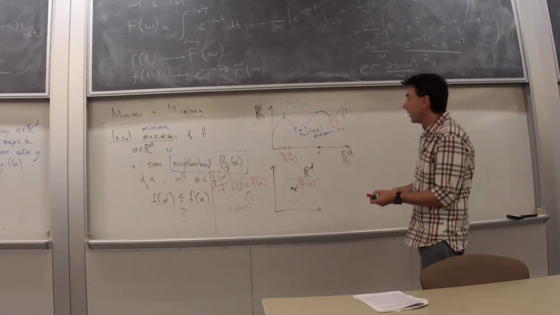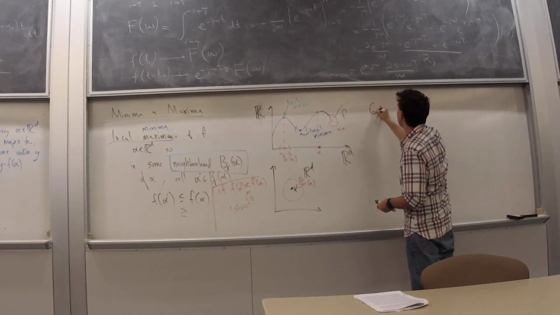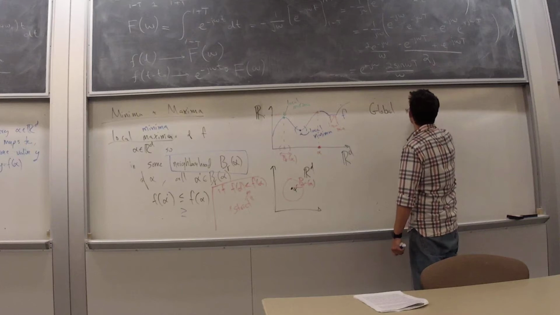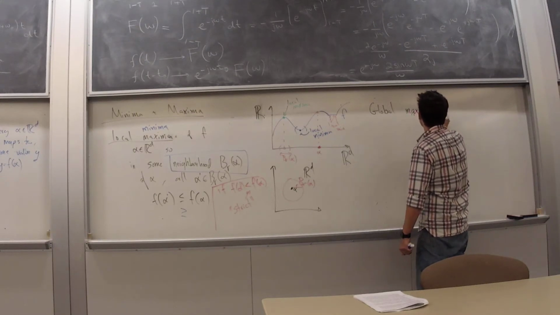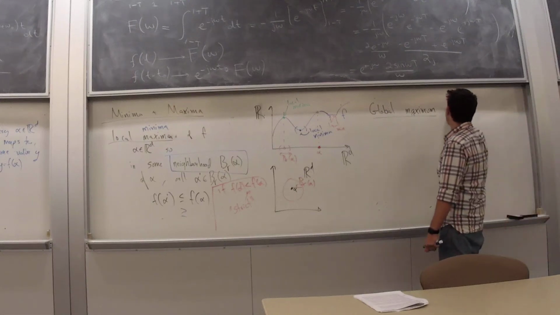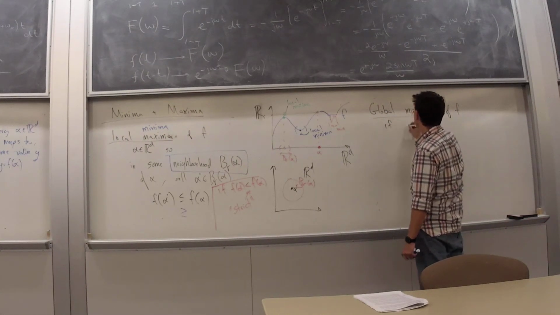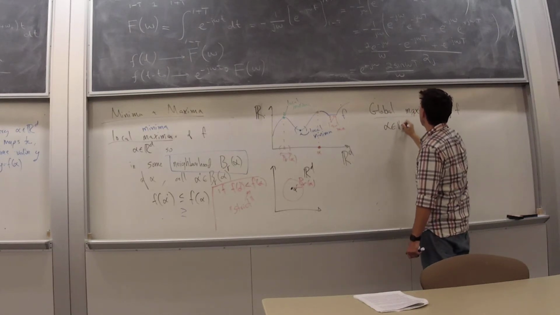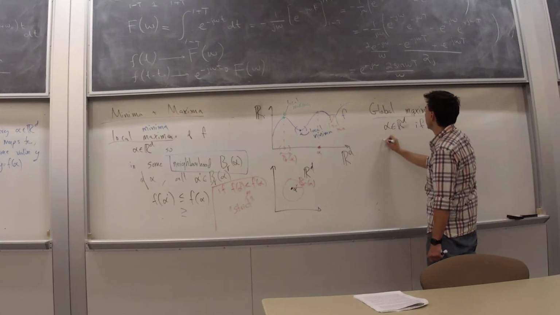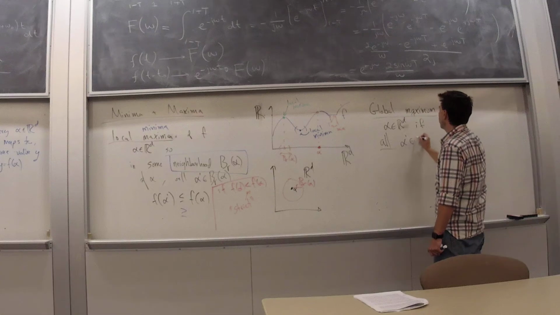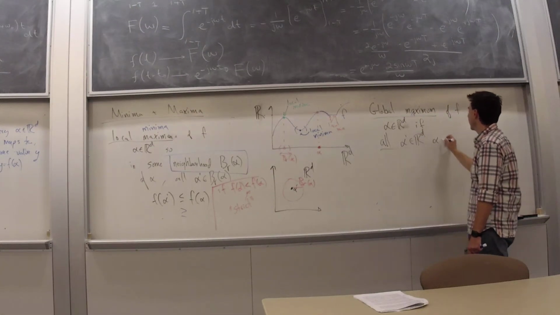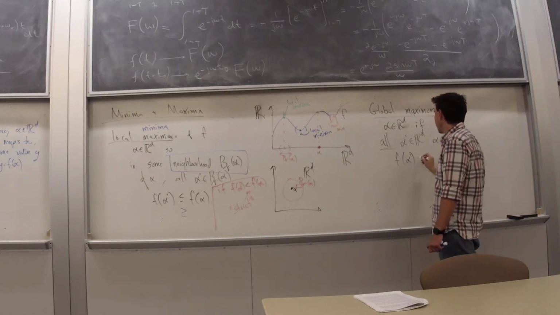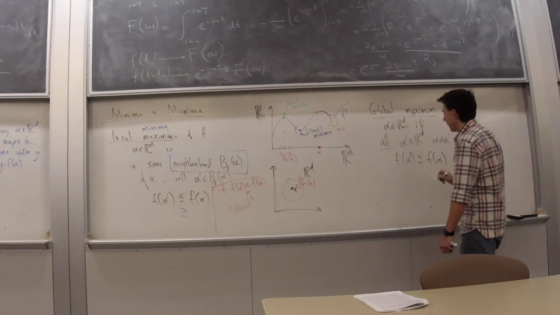Then we say that we have a global maximum of f, let's say alpha in R^d, if for all alpha prime in R^d with alpha not equal to alpha prime, f of alpha prime is less than or equal to f of alpha.